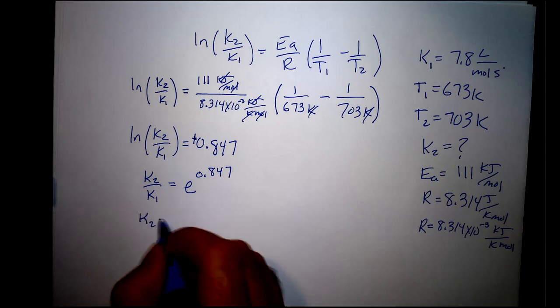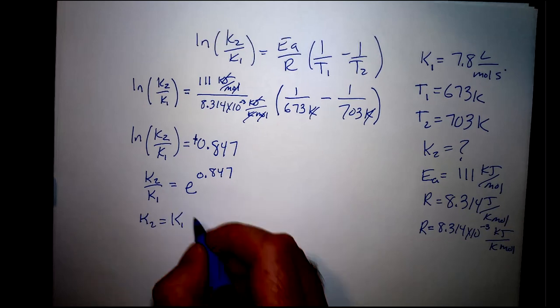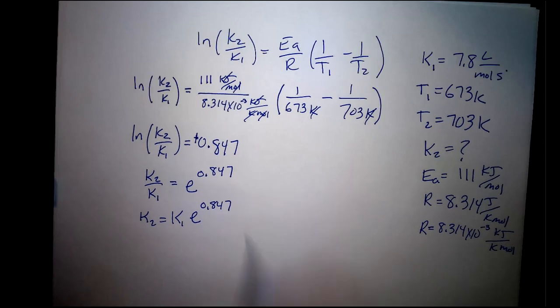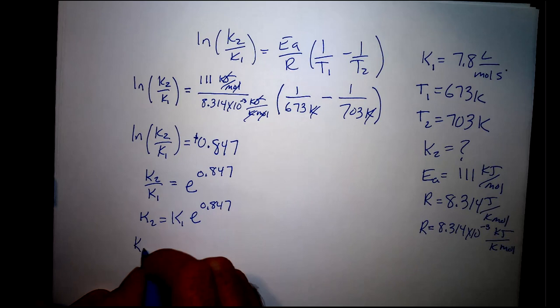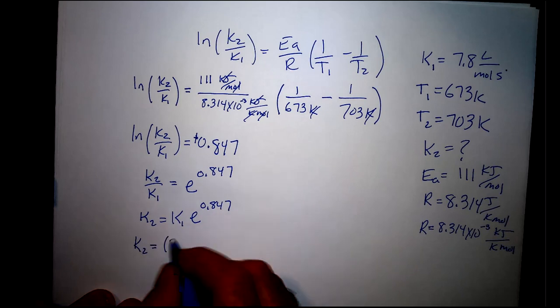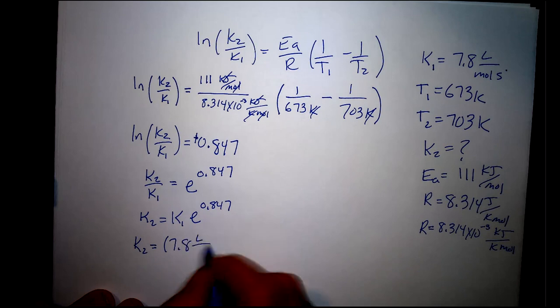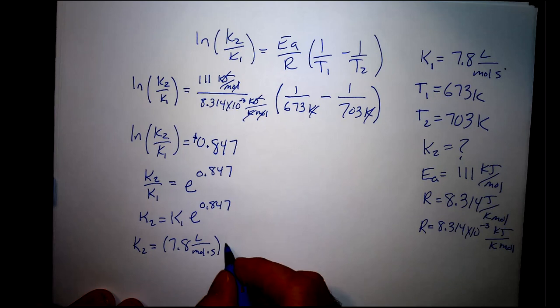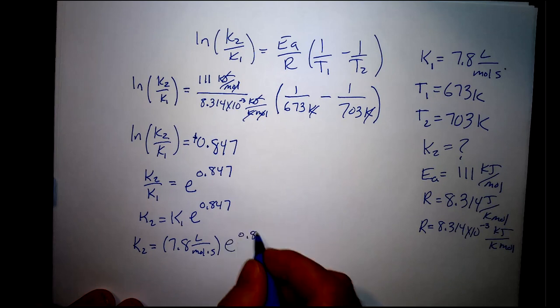So K2 equals K1 times e raised to the 0.847. Now I can plug and chug the rest. Our K1 was 7.8 liters per mole per second, times e raised to the 0.847.